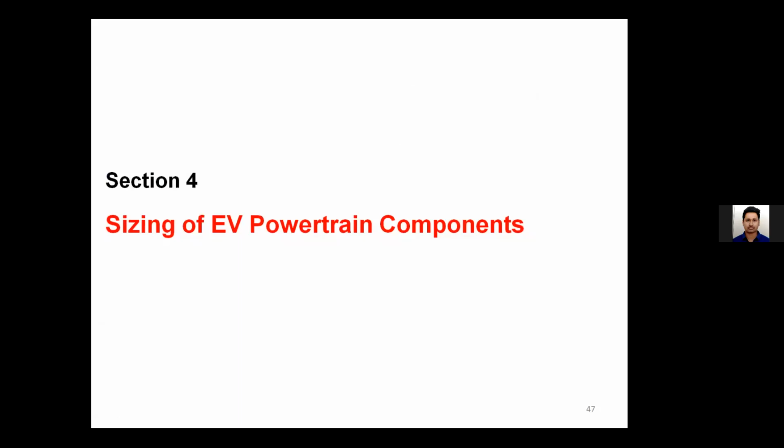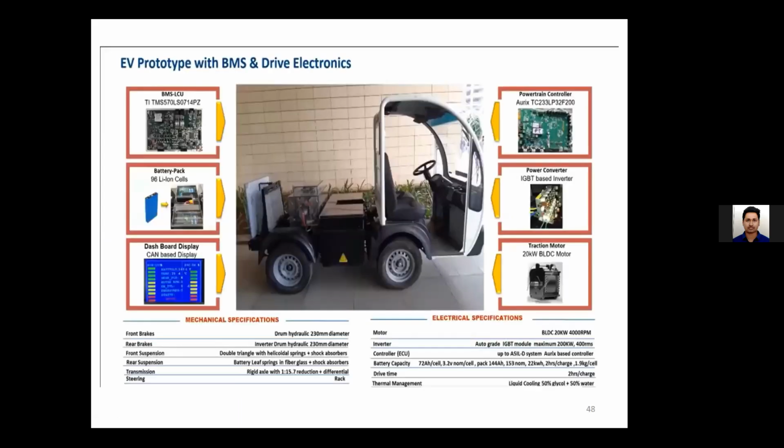Coming to the sizing of EV powertrain components. Here a prototype, a typical cart type vehicle, is being replaced, in which these are the components: an FPGA and a battery pack. It's basically a battery-based electric vehicle. Previously, it was a normal vehicle planned to be converted to a battery type electric vehicle.